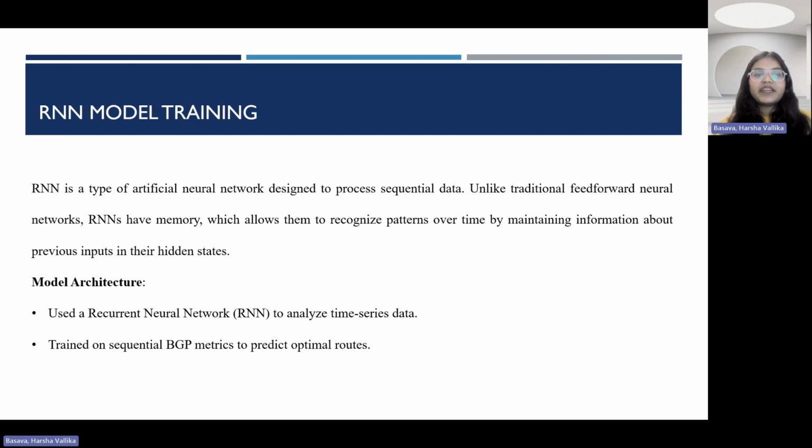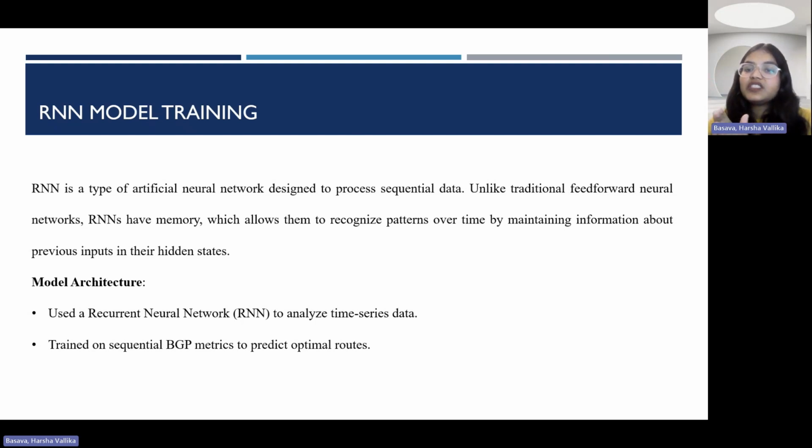So the next step is training our RNN model. The RNN is an artificial neural network which is designed to process sequential data. How RNN works is that the input given produces an output, right? This output is fed back to the model as input for the next step.